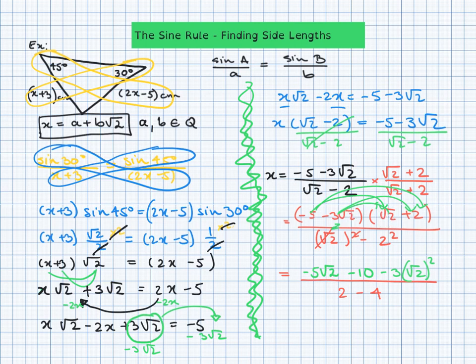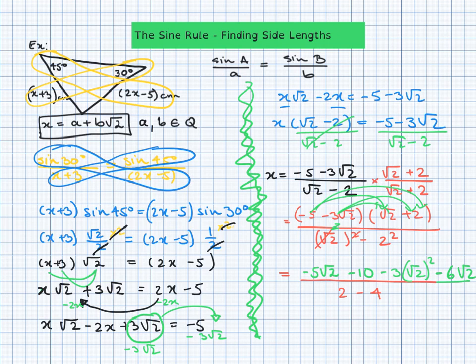And the last one is -3√2 times 2, which is -6√2. Wow, that looks long, but that's fine.